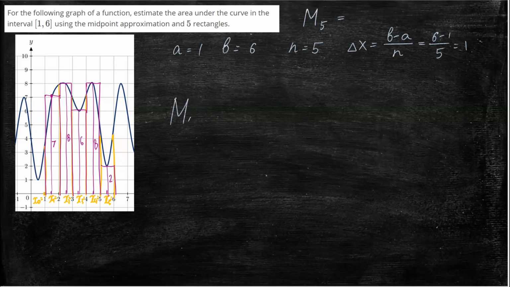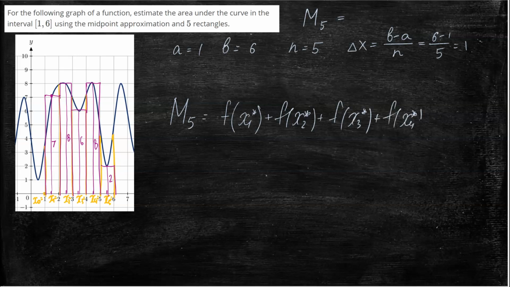So M5 will be equal to f of the first middle point, f of the second middle point, f of the third middle point, f of the fourth middle point, plus f of the fifth middle point, and all that multiplied by delta x.